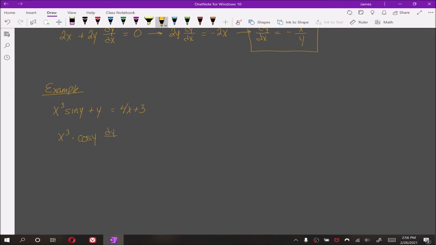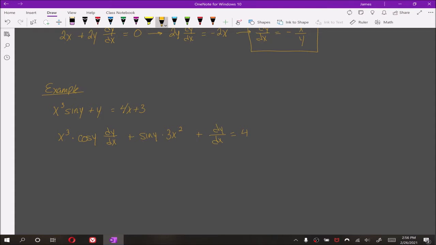And don't forget, since y is a function of x, you have to use chain rule to write dy/dx. Plus second times derivative of the first. And so that is the derivative for that first term. Now, derivative of y is just dy/dx equals 4.